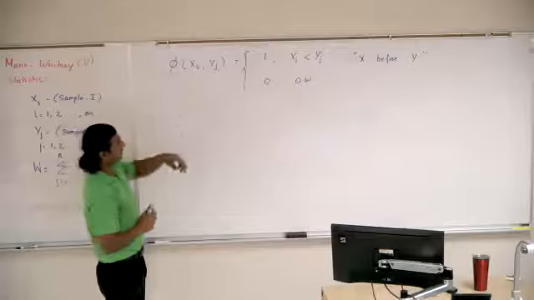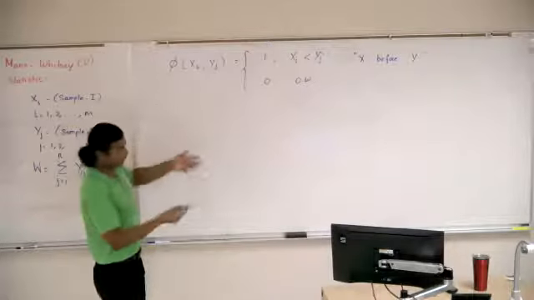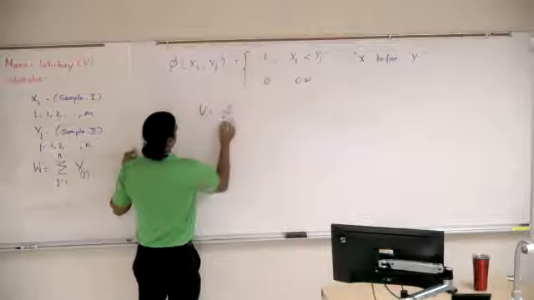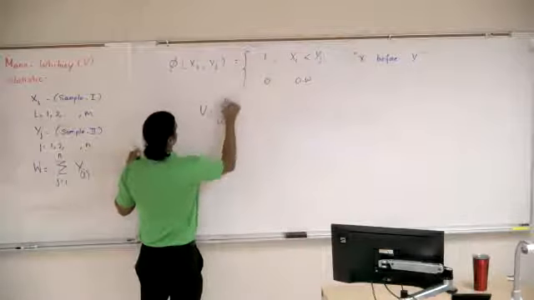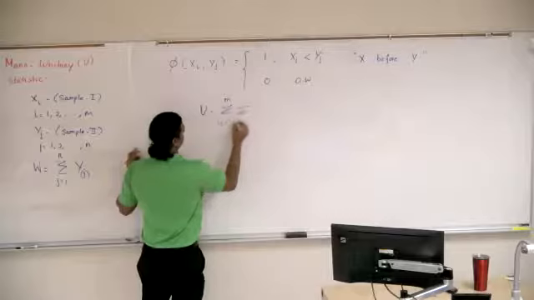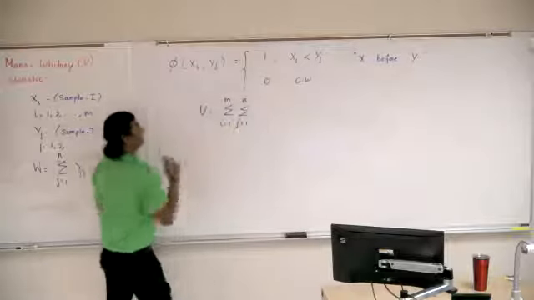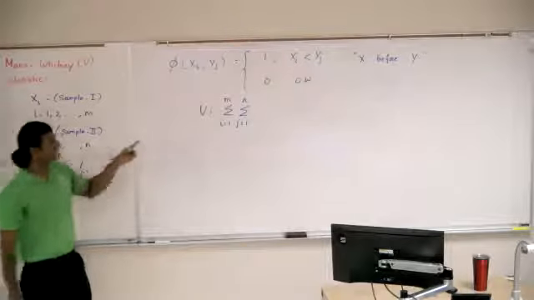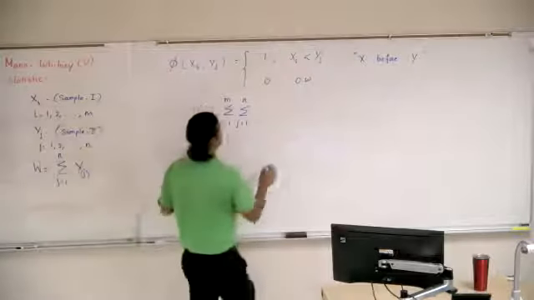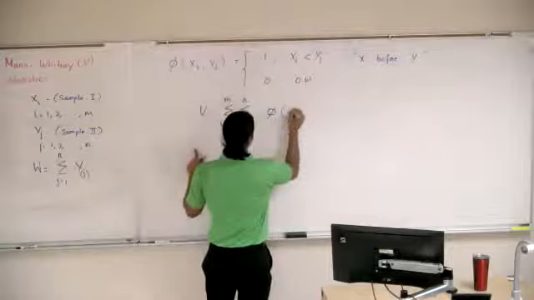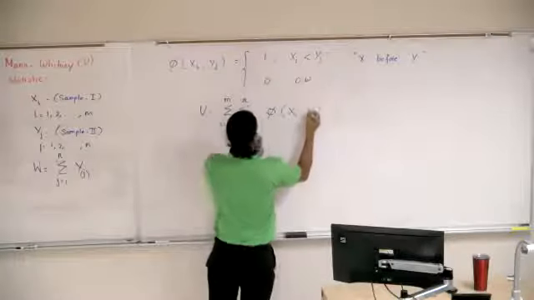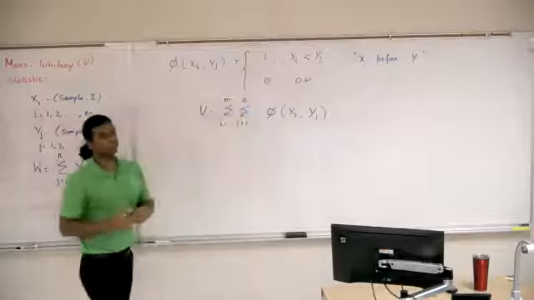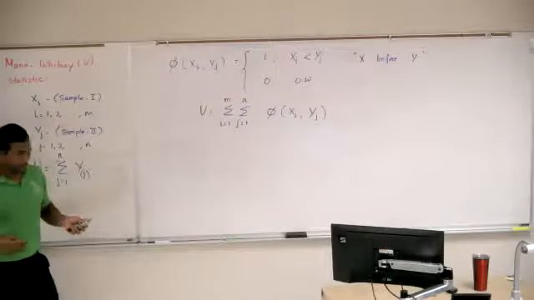That is the definition. So what is U then? U is the sum over i equals 1 to m, j equals 1 to n, summing all the indicators that we have.